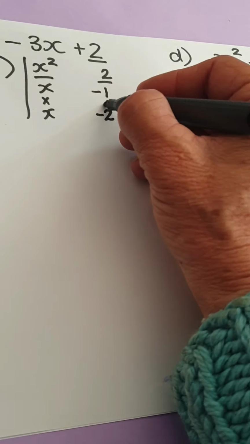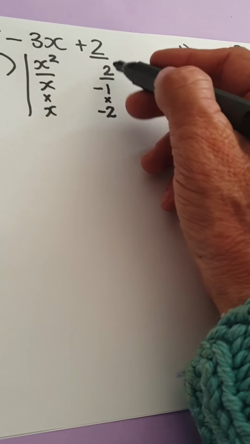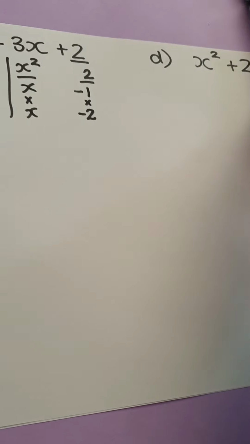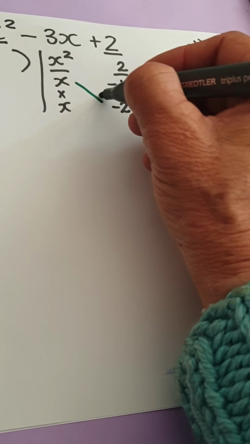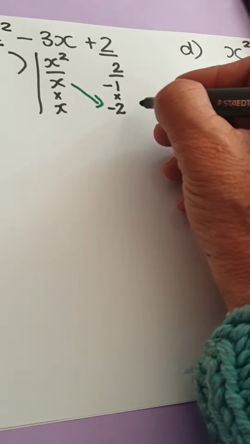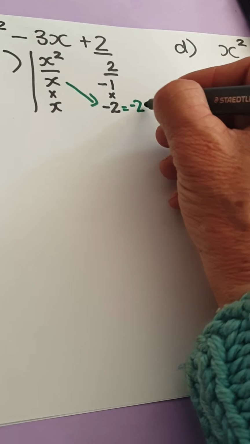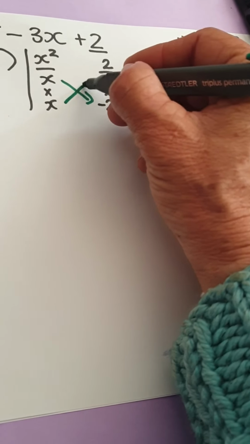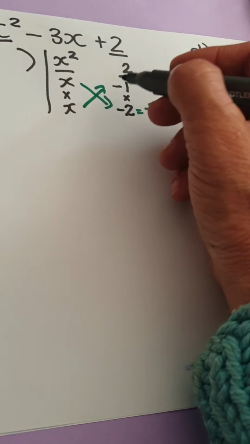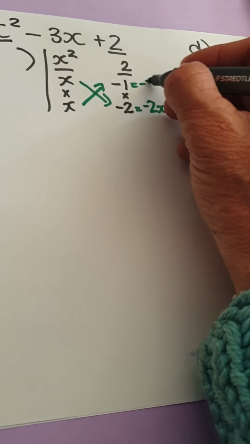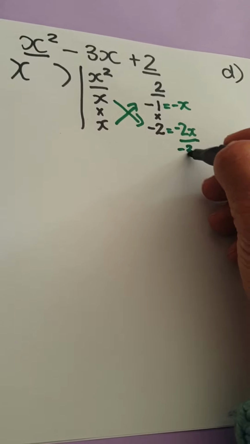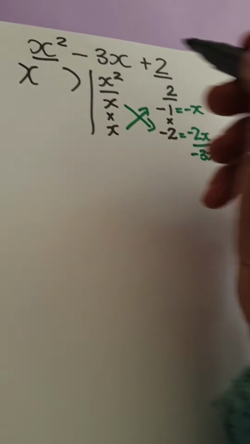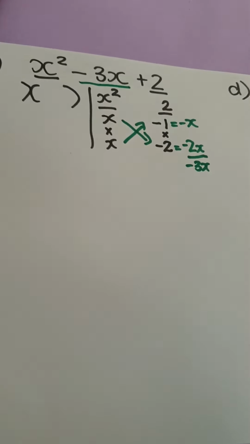And I'm going to use negative 1 times negative 2 to give me plus 2, and then I'm going to test it. If I multiply outside terms, I get x times negative 2 is negative 2x. Inside terms gives me x times negative 1, which is negative x. If I add them, I get negative 3x, which is the jackpot because that is what I want.